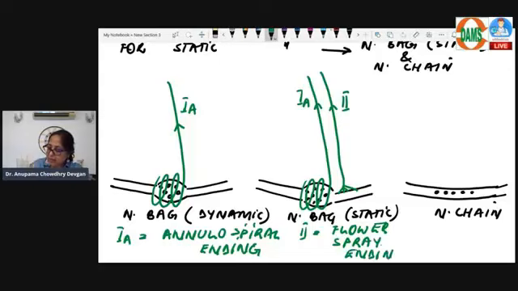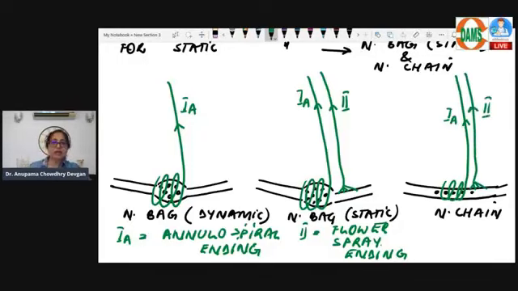So for dynamic response, only 1A. For nuclear bag static, it is 1A and 2. From nuclear chain, it is again 1A and 2. So for dynamic response, 1A. For static response, 1A and 2. What is 1A? Annulospiral. 2 is also known as the flower spray ending.